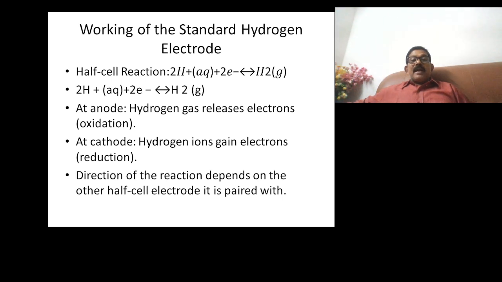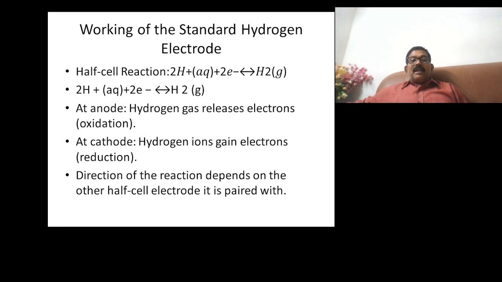So what happens at anode? Hydrogen gas releases electrons. That means oxidation takes place. So oxidation takes place at anode. And at cathode, hydrogen ions gain electrons. That's called reduction. At anode, oxidation takes place. At cathode, reduction takes place.